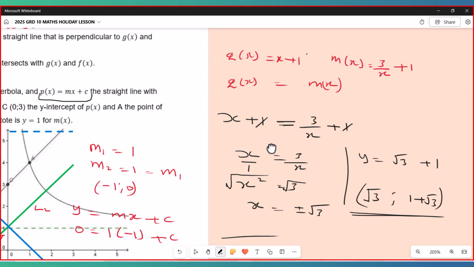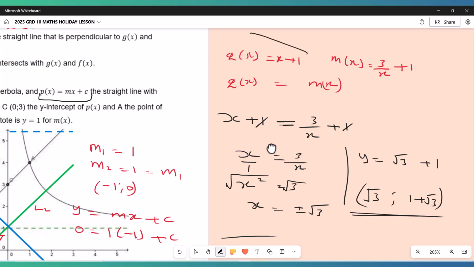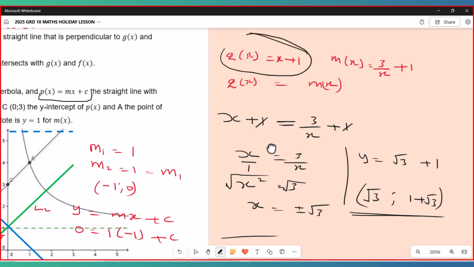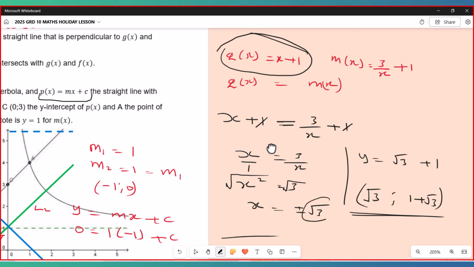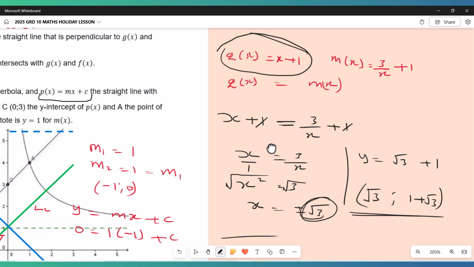From this equation, y equals x plus 1. But what's our x? It's root 3, isn't it? Then plus 1. That's why I'm putting it here. Are you answered now?